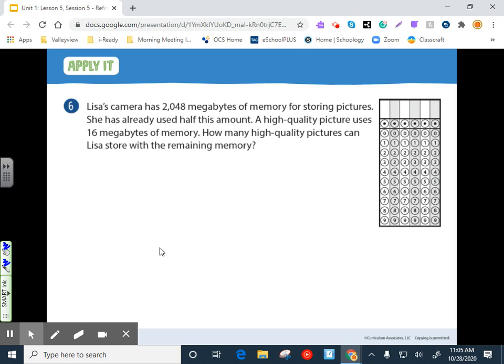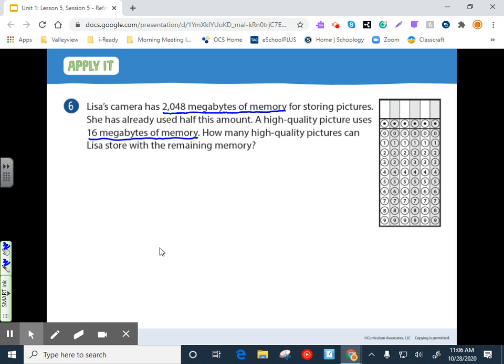So I'm thinking already this is going to be a 2-part question, but let's read the rest. A high quality picture uses 16 megabytes of memory. How many high quality pictures can she store with the remaining memory? So let's underline 2,048 megabytes of memory and 16 megabytes of memory. Those are for the high quality pictures.